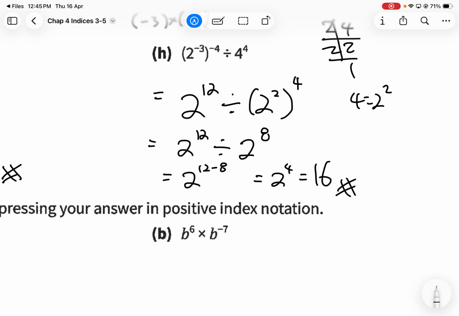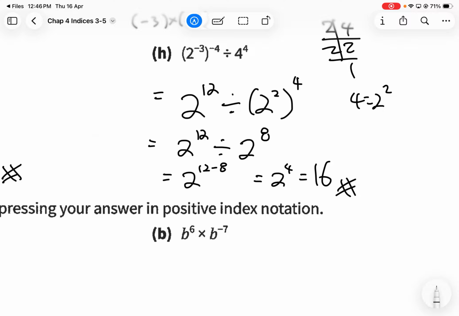What about this? The minus don't change the minus. This number itself will go to the denominator, then the index here become positive. Just become positive. Then this one is the 7.